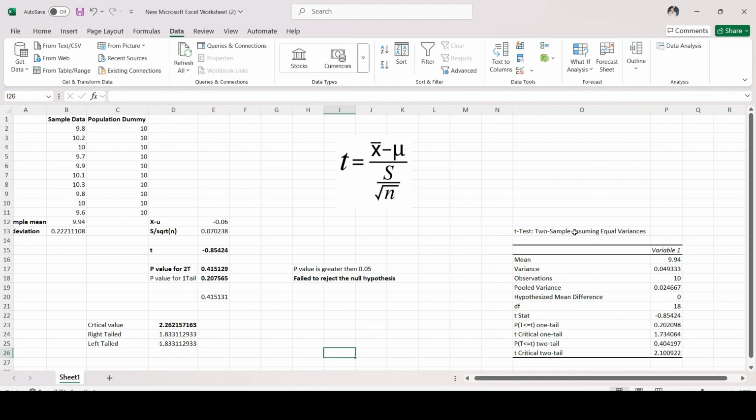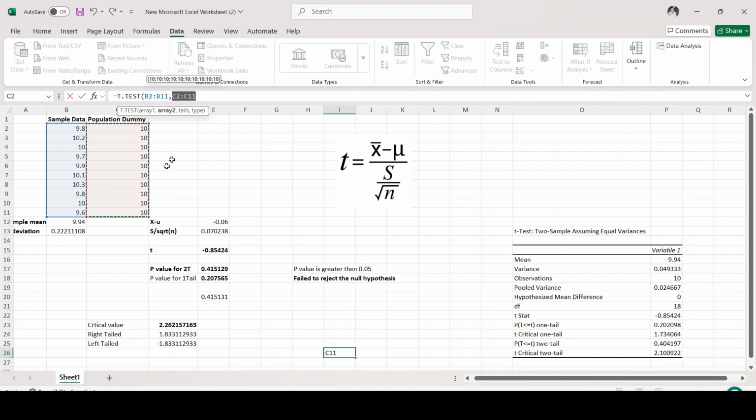So here you see that we have used the t-test two-sample assuming equal variances, and we can use this one by formula, right, T.TEST. It will ask you about two variables' ranges, two data sets, right. For the first one we have selected array 1, and for array 2 we have selected the dummy values. Then it will ask you about one tail distribution or two tail, right. Two tail distribution is used when the not-equal symbol is in the alternative hypothesis. Then it will ask you about the type: paired or two-sample.